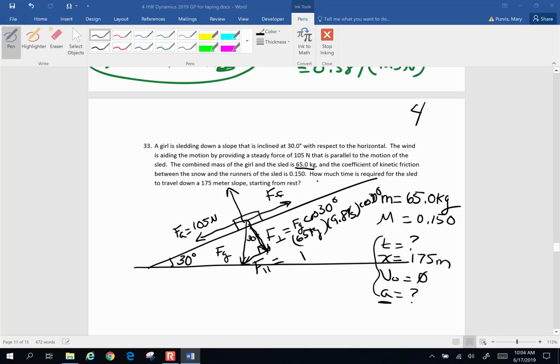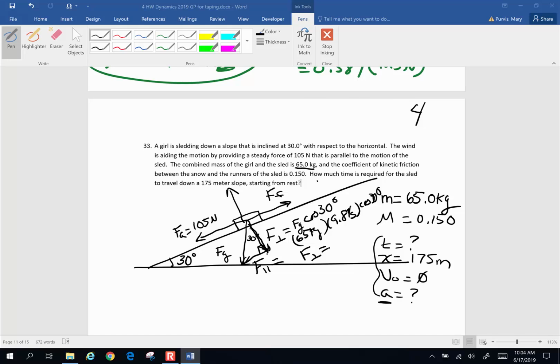When I go through and do the math, the force perpendicular to the incline, I get a weird answer because I have 6 degrees. Yeah, I did something silly. This is a 30-degree incline. Okay, let's see what I got here.